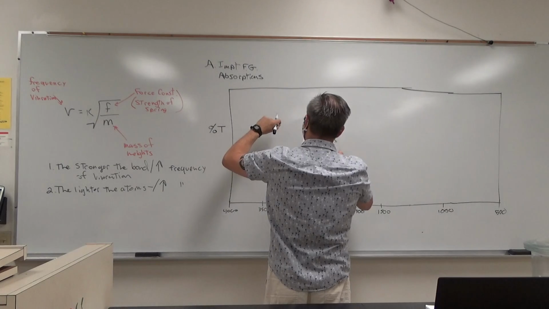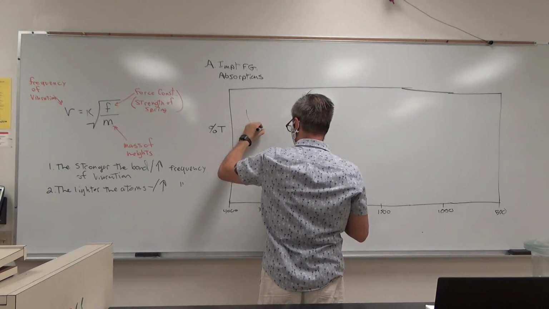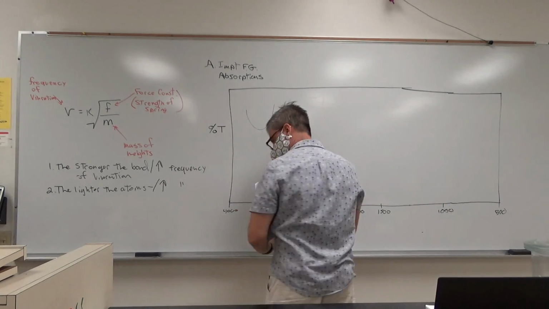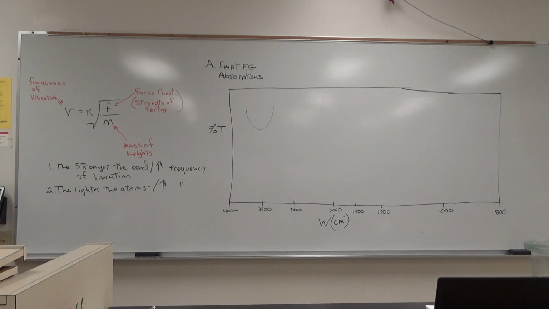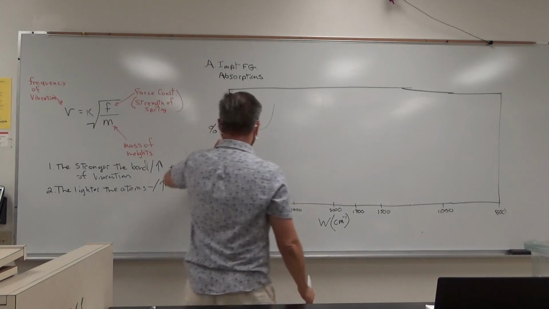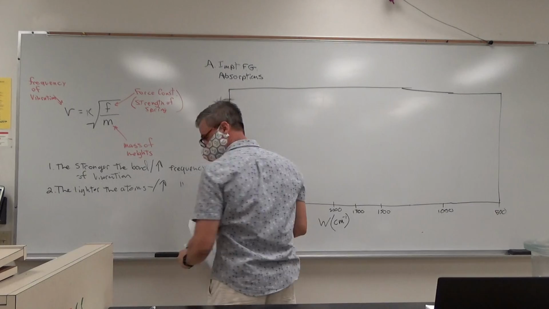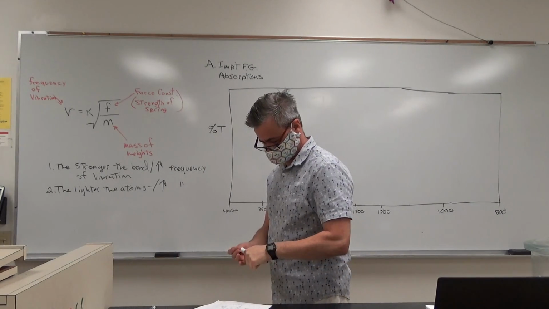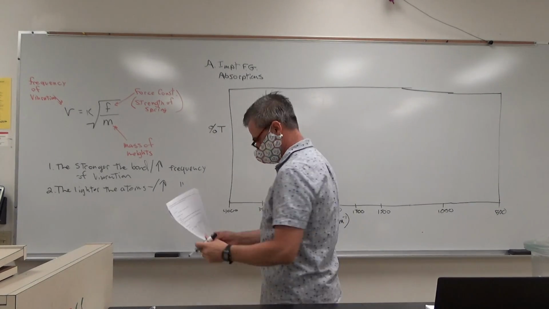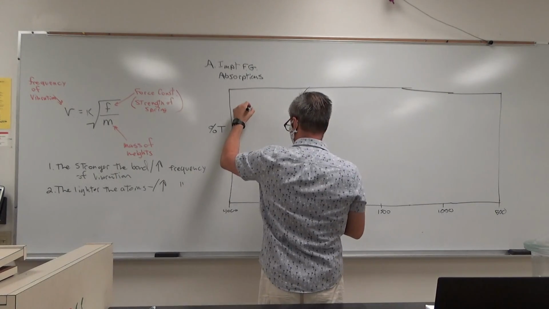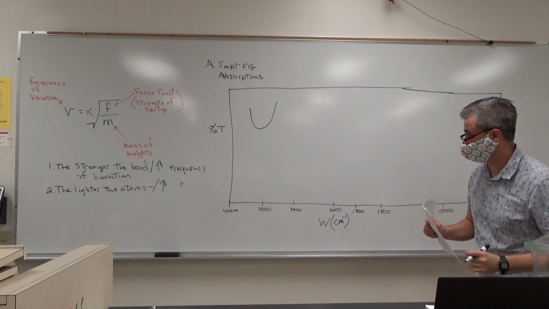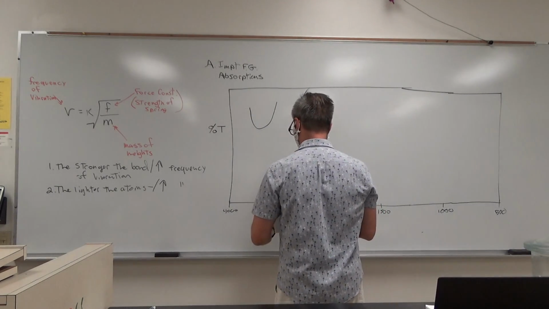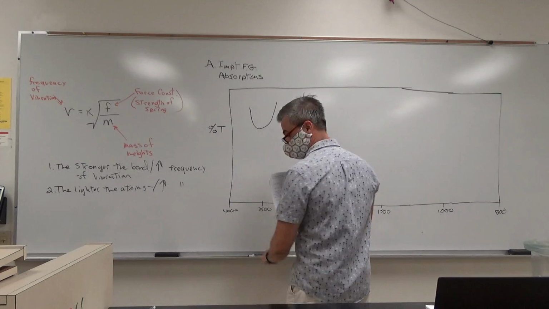So in the first area, we see two basic critical types of absorptions around 3,500.